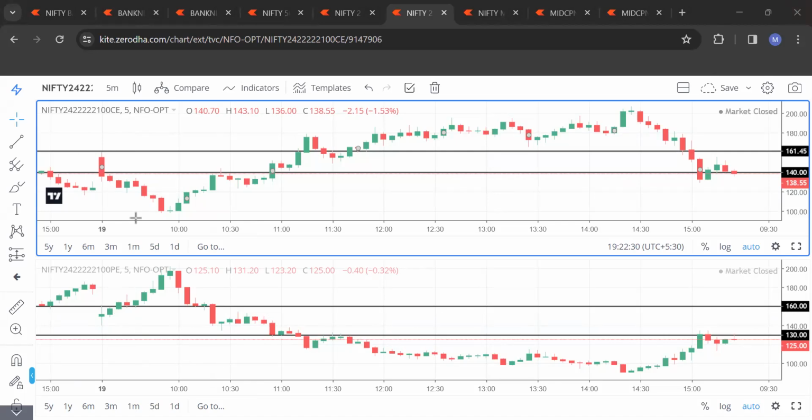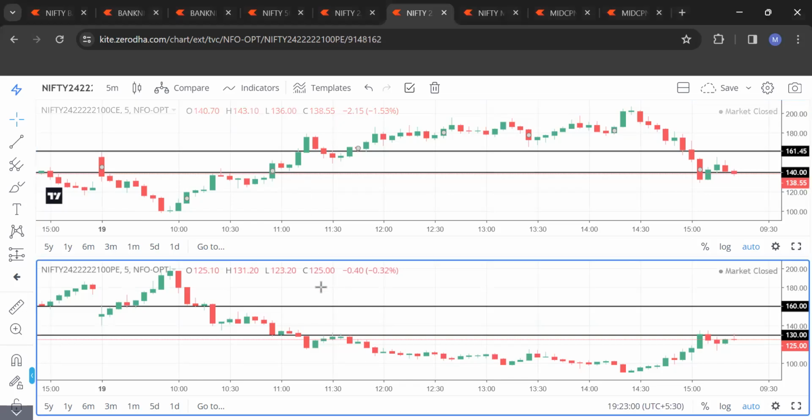Now, the most important thing is stop loss, which hovers over your mind every time. What is the stop loss? The stop loss is here. It is a combination of two.